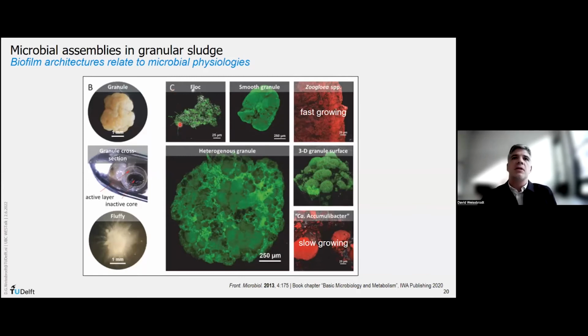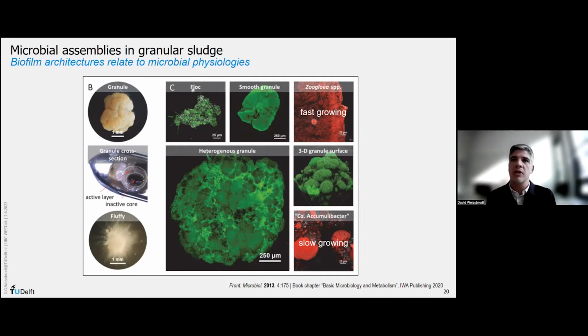Here on this C panel, you have a comparison between the granule and the floc, and you see the difference of metrics between an activated sludge floc in a wastewater treatment plant that settles very slowly and the granule. And there are different architectures of granules. Depending on the growth rate, microorganisms form different types of biofilms.